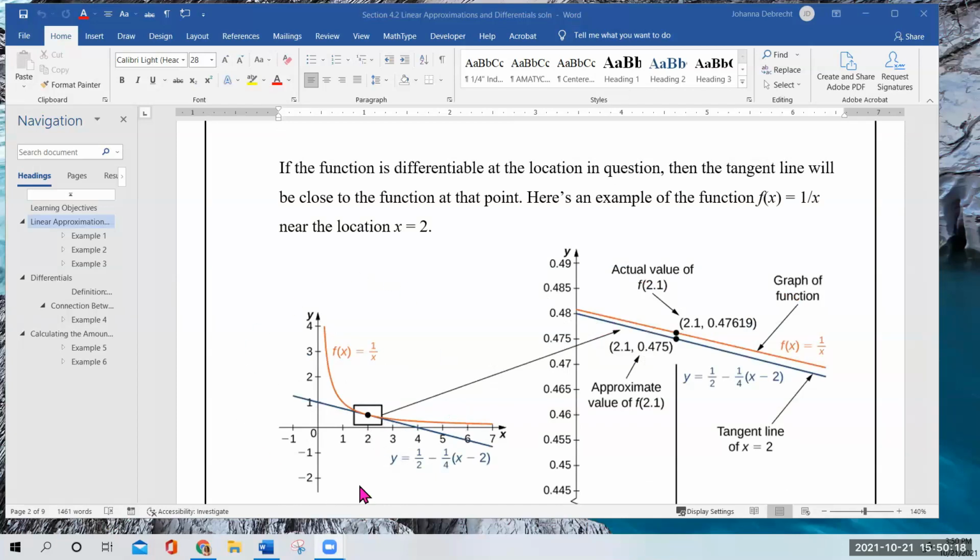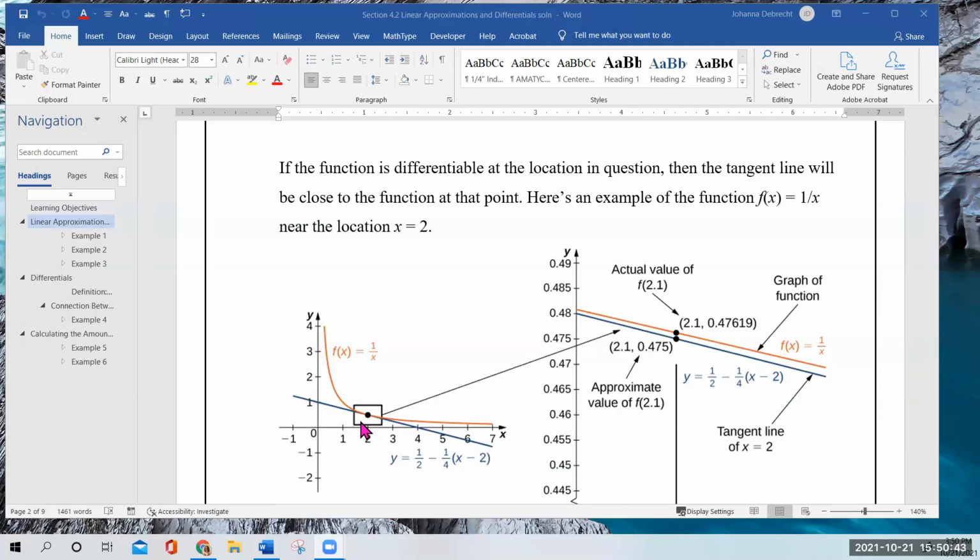Let's take a look at this graph right here on the left. This is the graph, or half of the graph, of the rational function 1 over x that you see in this orange-red color here. When you're looking at the function, notice that they have drawn the tangent line at the point x equal 2. The tangent line is the straight dark blue line that you see here.